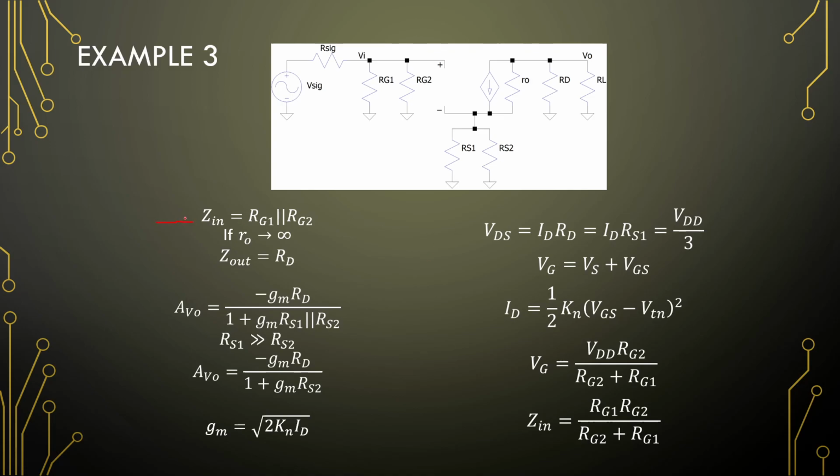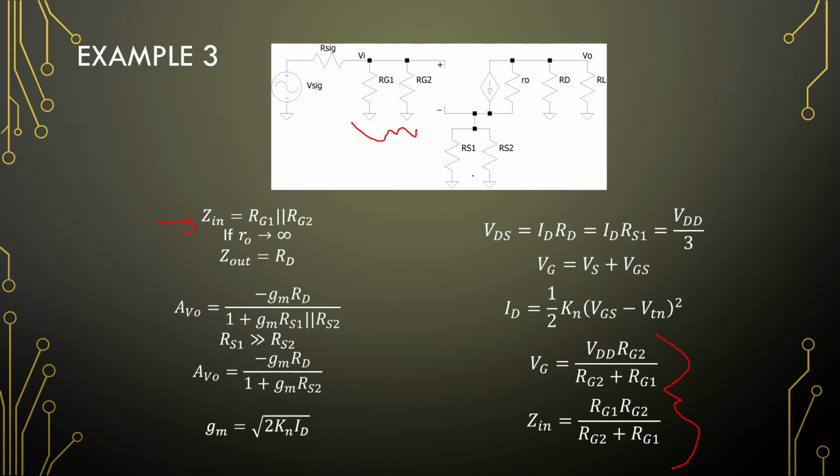So Zin is the parallel combination of these two resistors, bringing us to the design equations for our input impedance and our gate source voltage simultaneously.